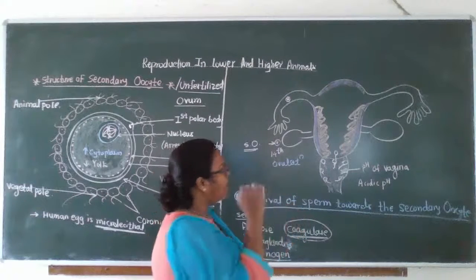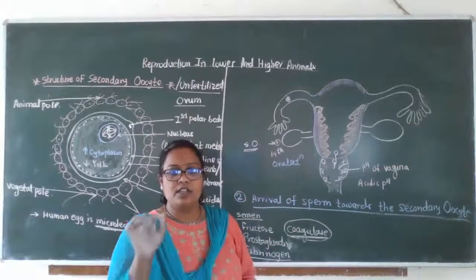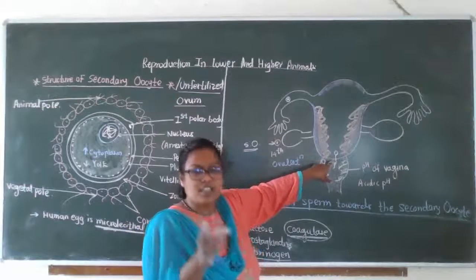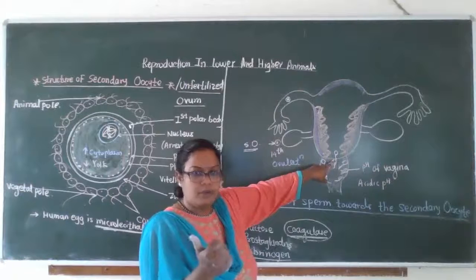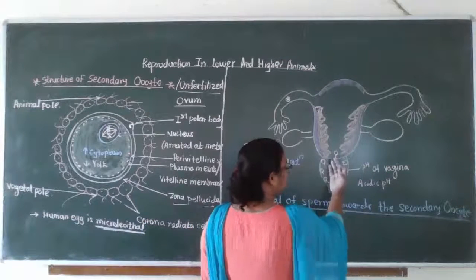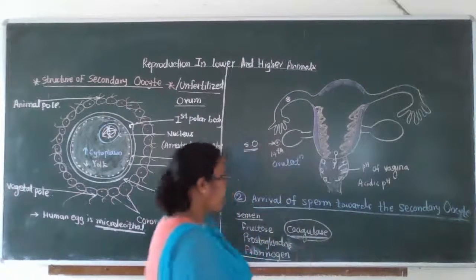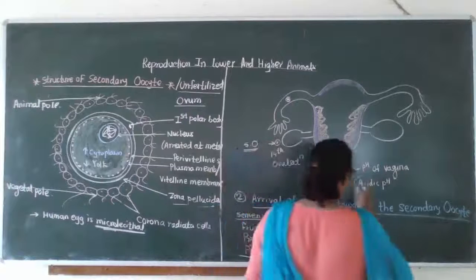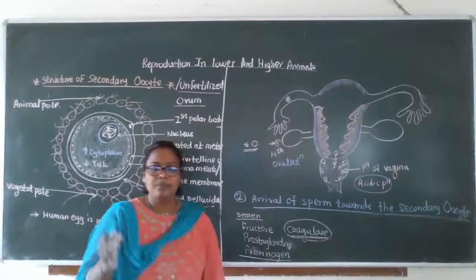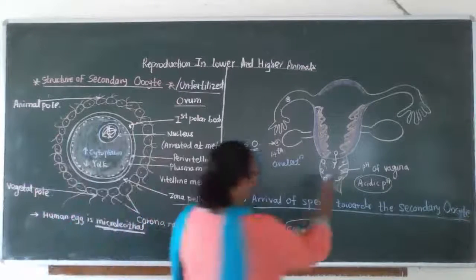One more MCQ: the tightest sphincter in the body of a human is the cervix, and it also doesn't allow the sperm to easily penetrate into the uterus. So the acidic medium works as an obstacle that kills maximum half of the sperms in the vagina.